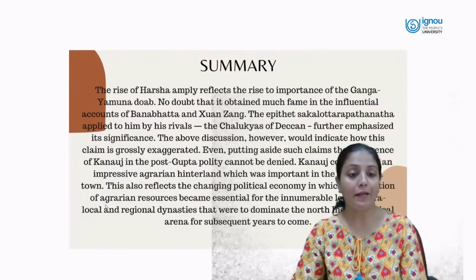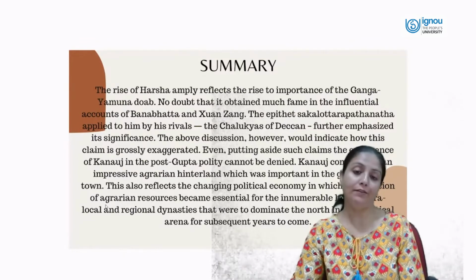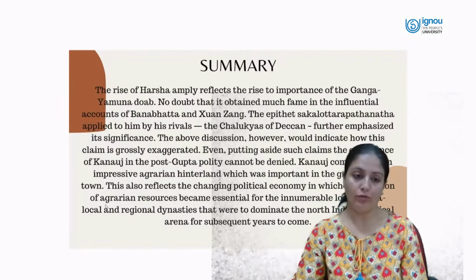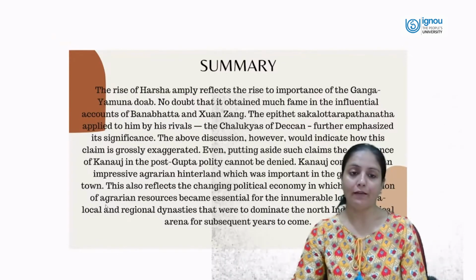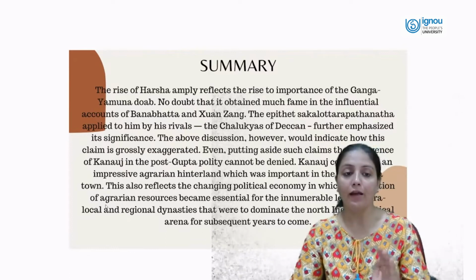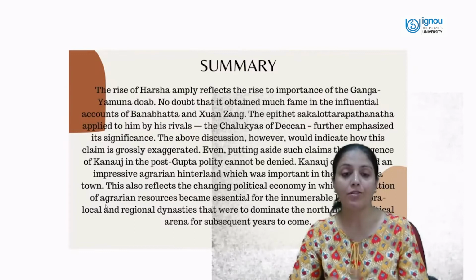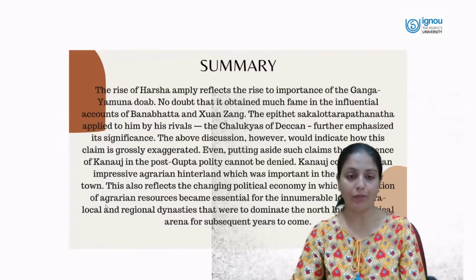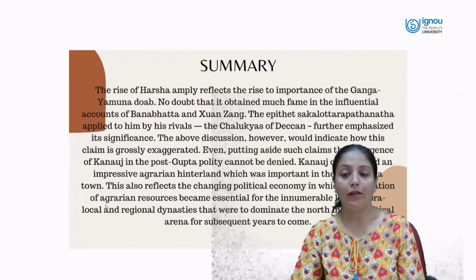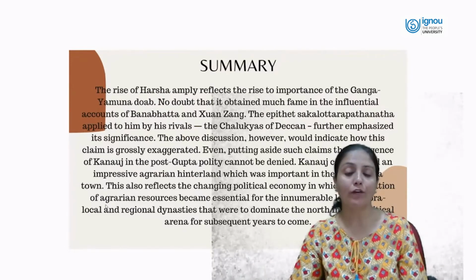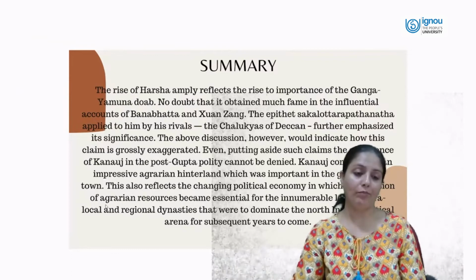Kannauj commanded an impressive agrarian hinterland, which was important in the growth of the town. Agrarian hinterland means the land that was very fertile for agricultural purposes. That was of Kannauj. That's why the importance of Kannauj was very much at that time.